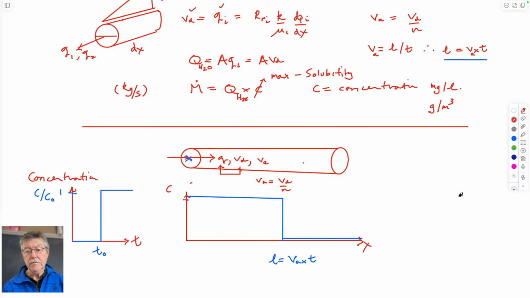And at this downstream location, so this is again time, not distance. So this is C over C0.